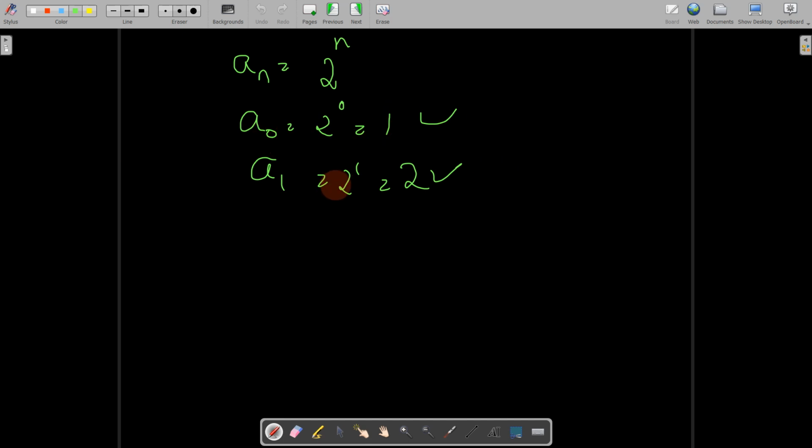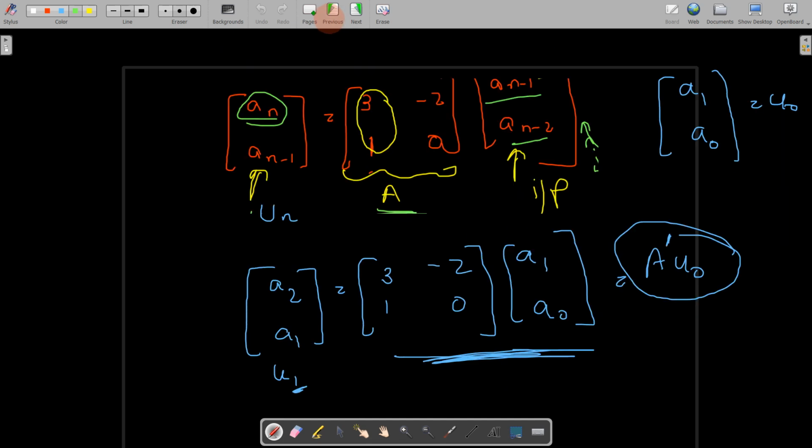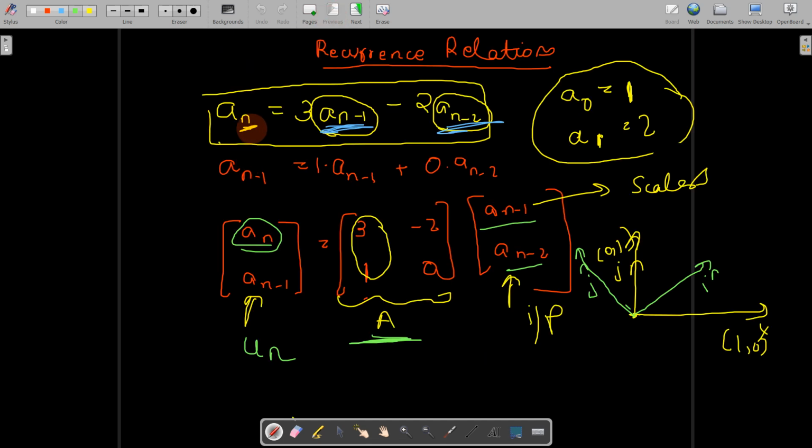Now from the recurrence relation, let us see what our a3 is. Our a3 should be 3 times a2 minus 2 times a1. What is a2?